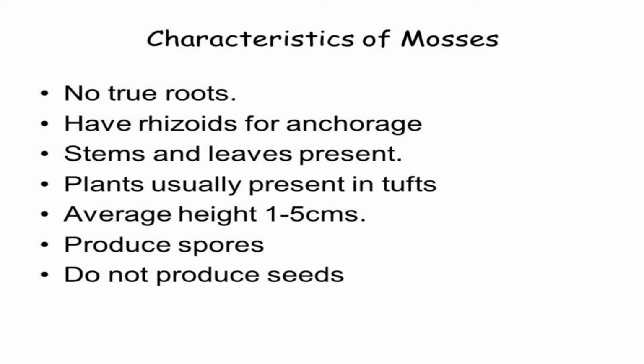Stems and leaves are present. Plants are usually present in tufts. Average height of these mosses is 1.5 centimeter, and they also produce spores, and they don't produce seeds.